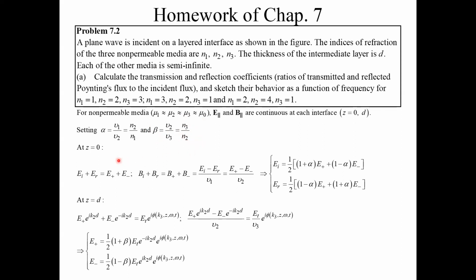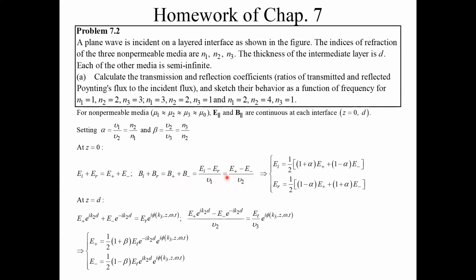And for z equals 0, we have the boundary condition for E parallel and B parallel between the incident wave, reflected wave, and the positive direction and negative direction waves. Here we can write down these two equations, and the B equations can change into this one.